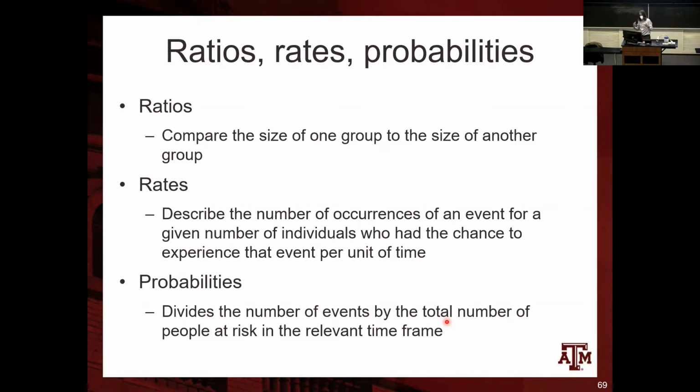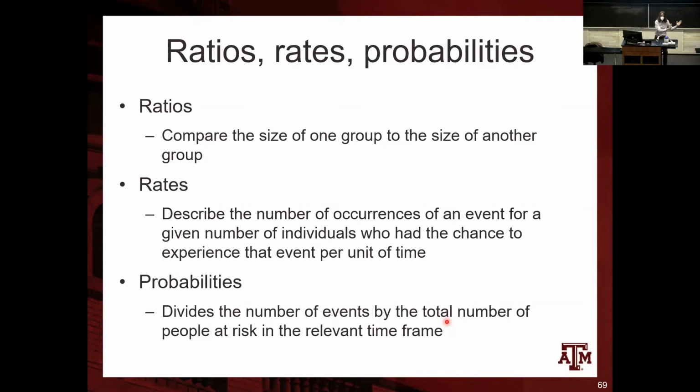So a rate always has this time concept. I want to know how many people were exposed to experience this event throughout that time, from January through December. Since it's really hard to get information about the population each month of the year, we just get an average.